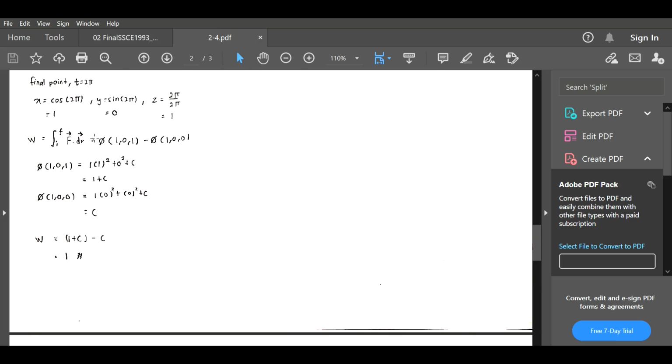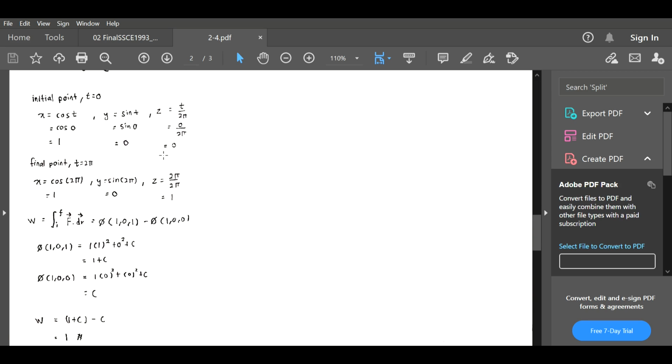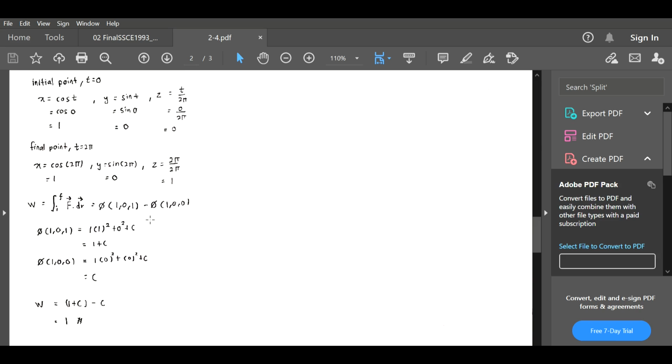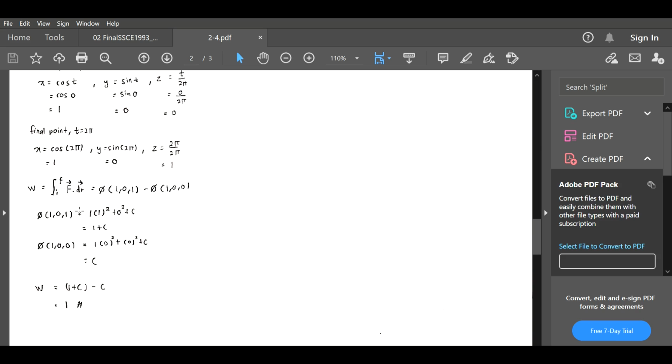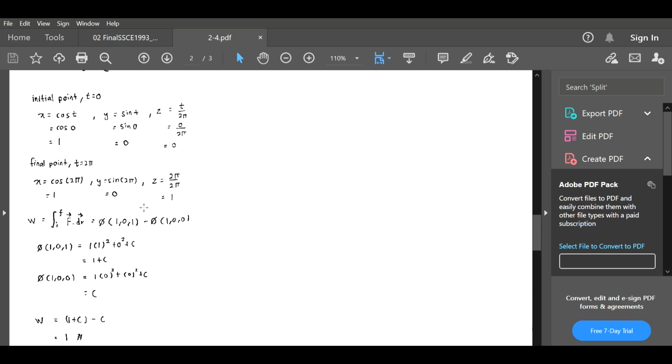Okay, so the formula is this one, phi of the final point minus the initial point. So we use this equation for phi that we calculated before.